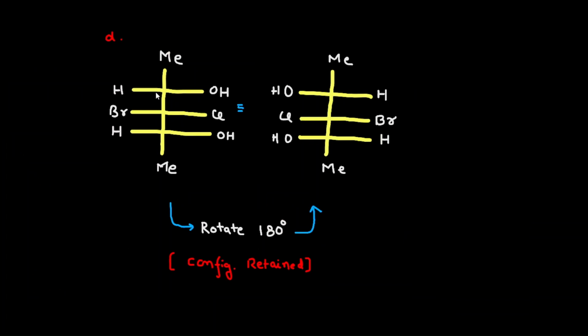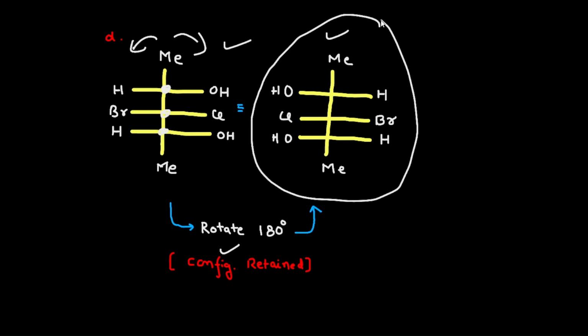In D option, as you can understand, now we have 3 chiral carbons in front of us. You have to tell whether these two are same or not. You just do rotation by 180 degree. You rotate it either clockwise or anti-clockwise. You will see that you will obtain this particular configuration.